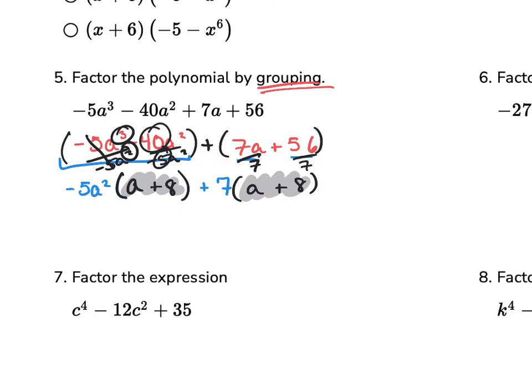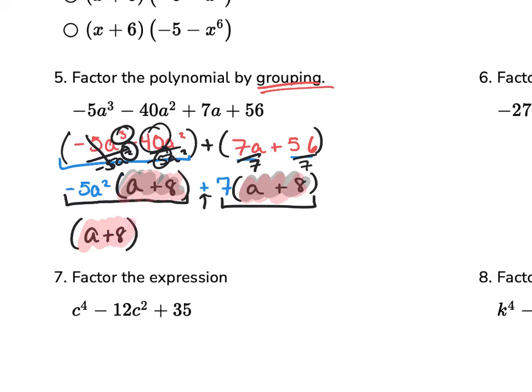Now, what you have to realize is this is a term, then comes a plus sign, then this is a term. And these terms have a common factor, this a plus 8. So we're going to grab that common factor and pull it out front. That's the stuff in red here. And then what do I have left?